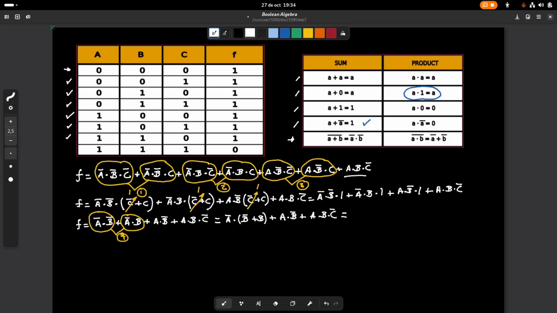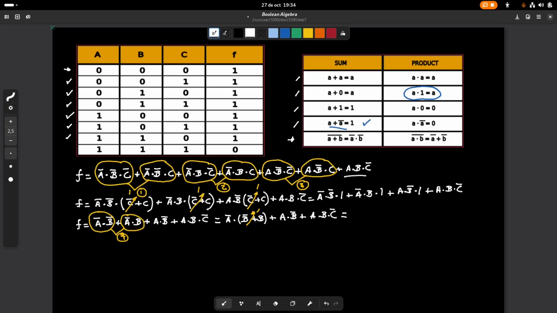But again, in this case, I have that this equals 1 by using the same property I used before, which is this one. Okay?